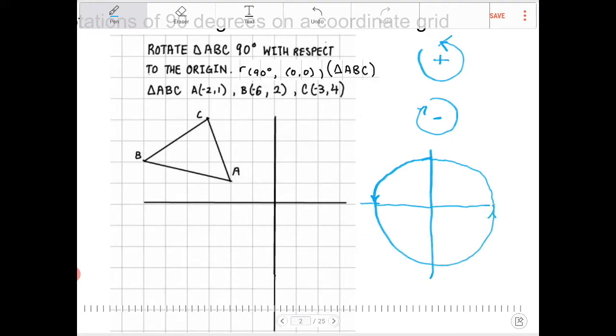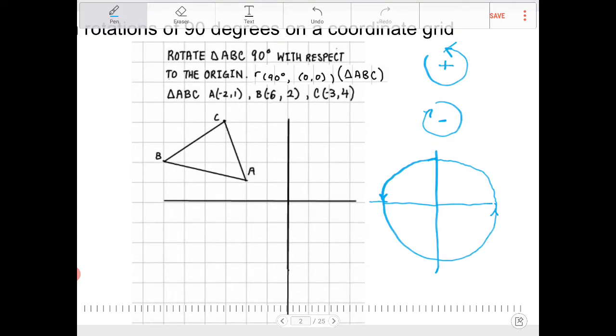So it is inherent within every one of us that we intuitively, implicitly understand these concepts. What we're doing here in school is harnessing that ability and developing that skill so that you can articulate it. So a positive 90-degree rotation is a counterclockwise rotation.